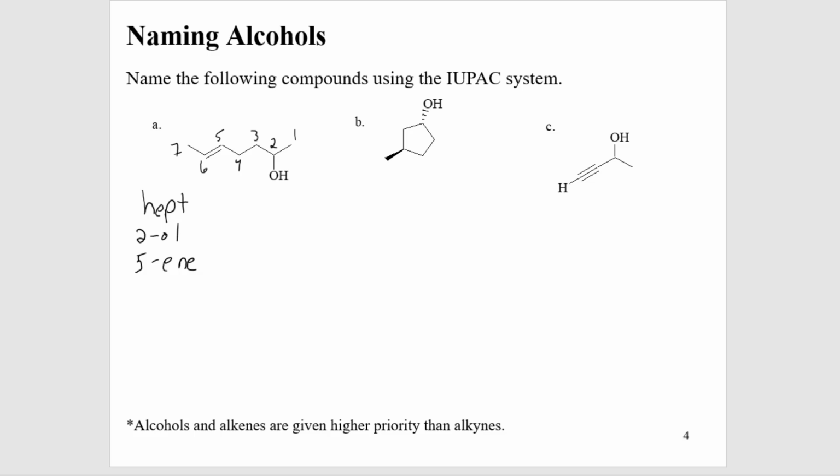5-6 double bond. It has that trans orientation to it. So I've got to remember to name that. So 5, is that cis or trans? That's trans. So that is going to be E. So 5E.